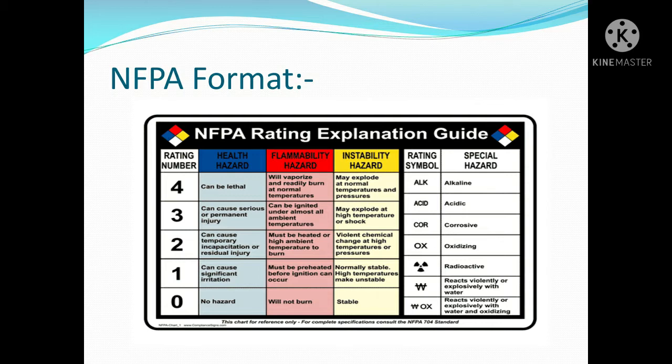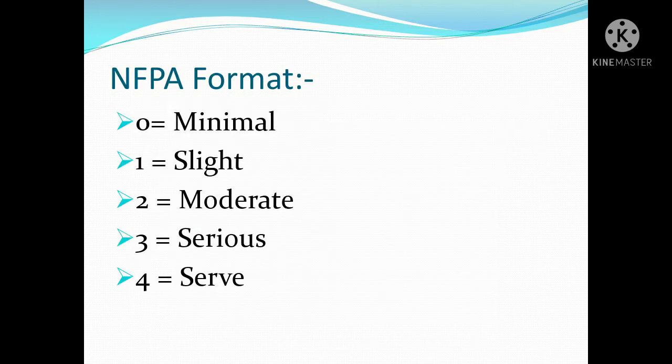The numbering indicates minimal to severe, like 0 indicates minimal risk, 1 indicates slight risk, 2 indicates moderate risk, 3 indicates serious risk, while 4 can be severe or fatal.